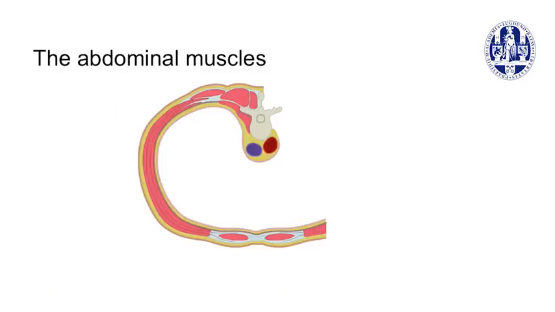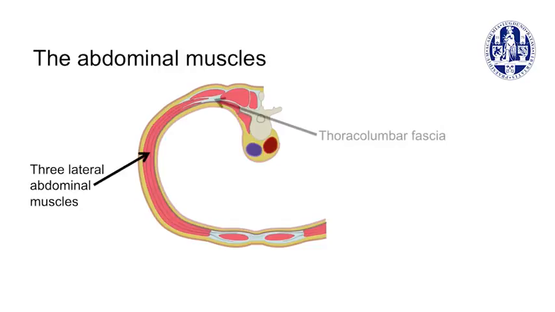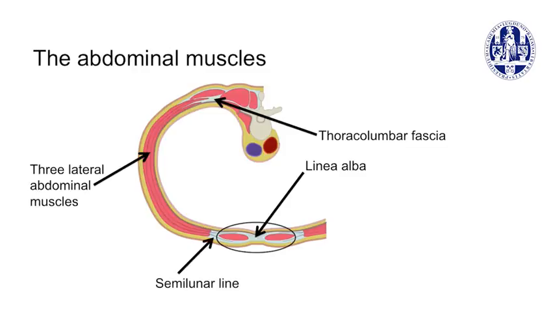In a transverse section through the abdominal wall, we see the three lateral abdominal muscles originating from the thoracolumbar fascia and inserting in the linea alba, and thereby encircling the rectus abdominis muscle. Lateral to the rectus abdominis muscle is also a muscle-free zone, the semilunar line.